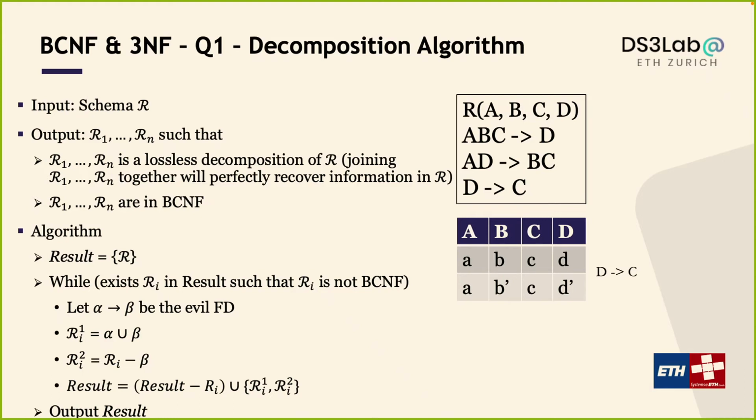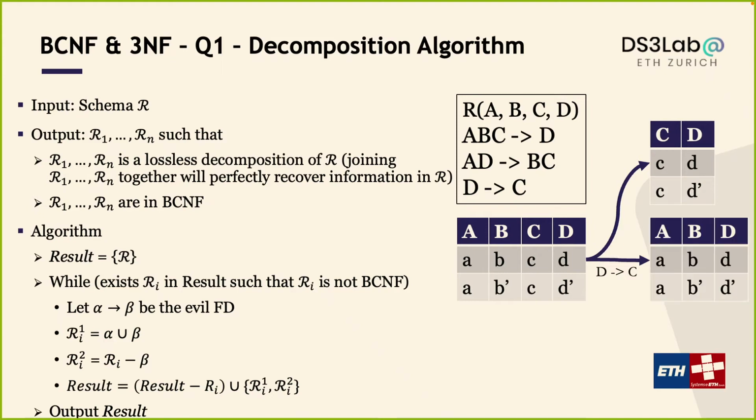I create one relation containing both C and D, and then another relation without the attribute C, and get something like this. This is one step of decomposition triggered by this evil functional dependency. Then we take these two relations and check whether they are in BCNF or not. In this case, they already are, so you return. This is a very simple algorithm.